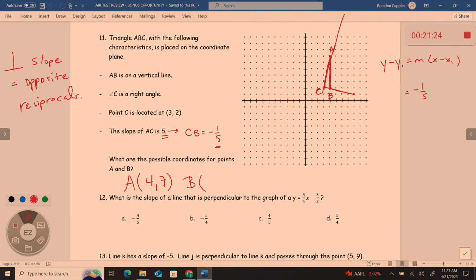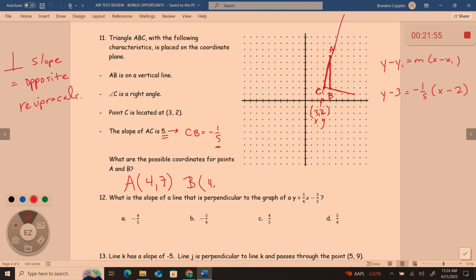So again, C is at 3, 2. This is your x and this is your y value, so I could do y minus 3 and x minus 2. Now, that's the equation. How do I figure out where B is located? Well, I already know B has an x value of 1, 2, 3, 4. It's got an x value of 4 because it's on a vertical line with A.